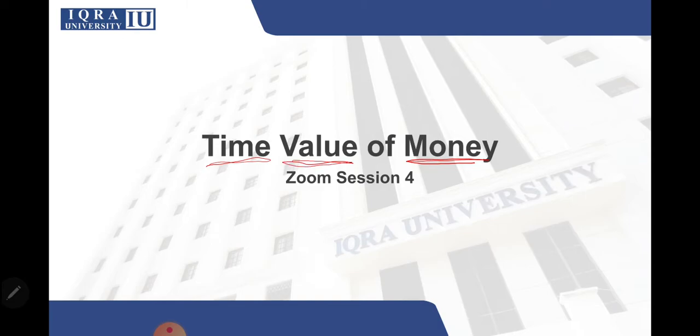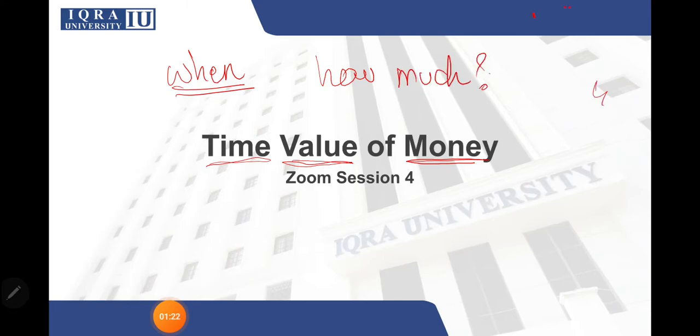So basically, time value of money says that when you get money is just as important as how much money you get. Now let's look at a simple example to understand this.